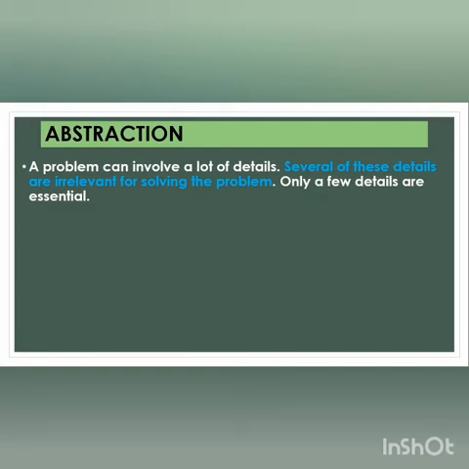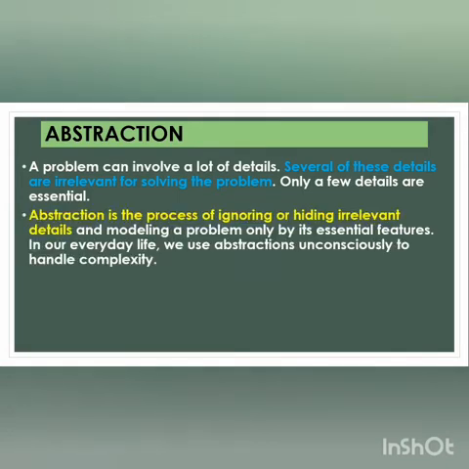Similarly, a problem can involve a lot of details. Several of these details are irrelevant for solving the problem. So, only a few details are essential. Already we said that abstraction is the process of ignoring or hiding irrelevant details and modeling a problem only by its essential features. So, the exact required inputs are enough to solve a problem.